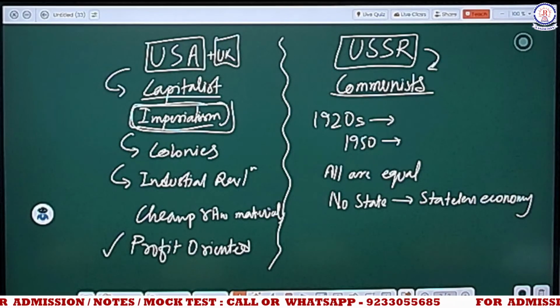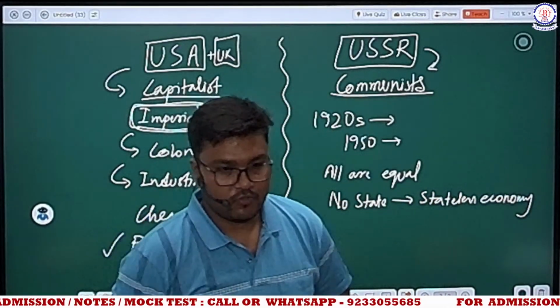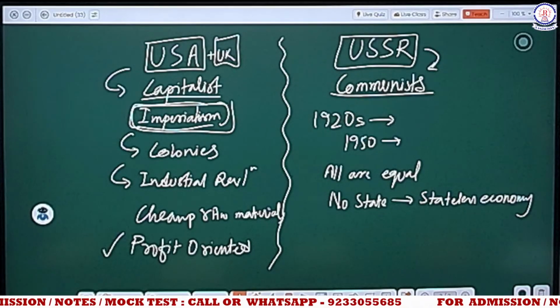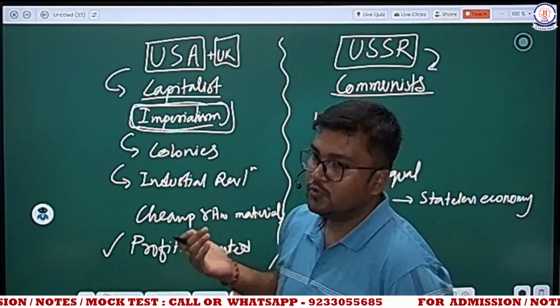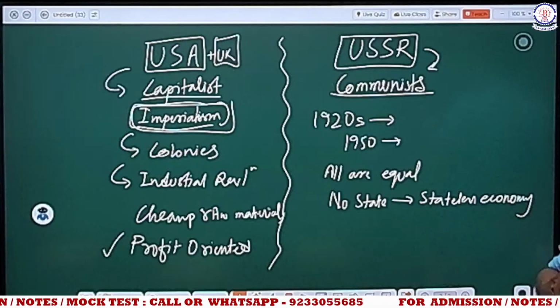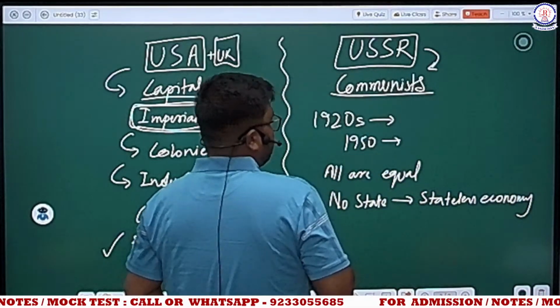To implement that, first they had to keep everything under state control. And after that, as communism proceeded, they believed in a utopian world of no government control, that is self-sustaining communities living in economic harmony. Now, that is a utopian world.